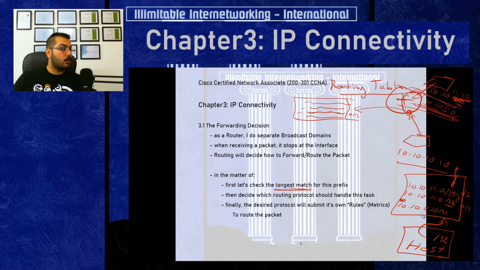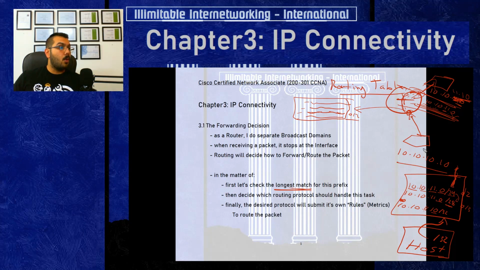It will look at the routing table and see that 10.10.11 is common between all three of these routes, but this is .0, this is .0, and this is .10, and this is not really important because an IP address is a very useless address without the subnet mask.